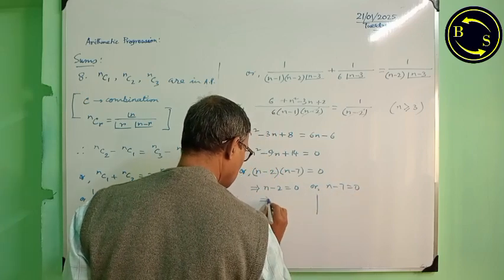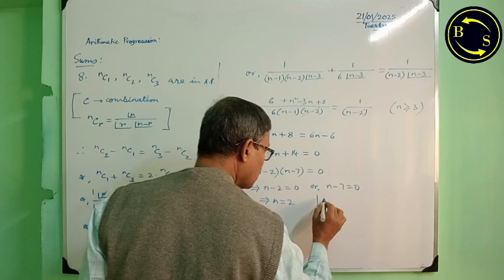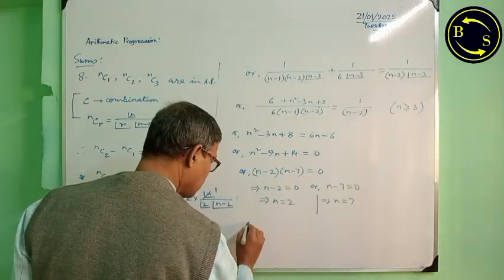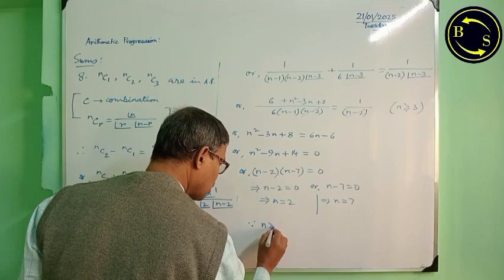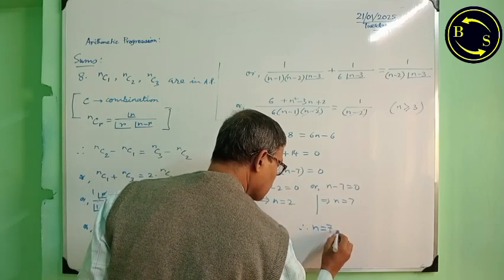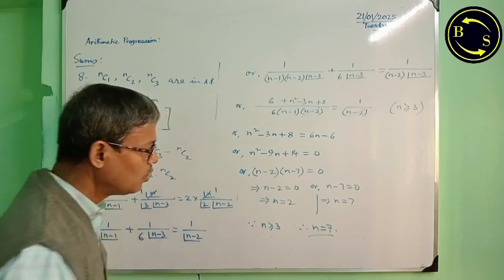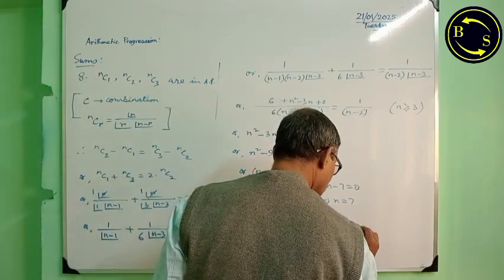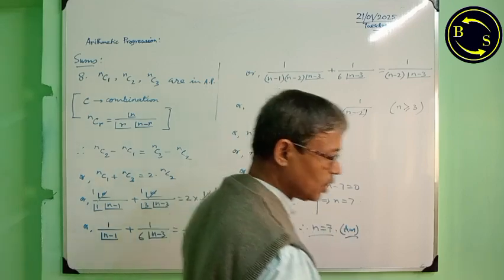From this, n equal to 2, and from this, n equal to 7. Already we have mentioned n is greater than or equal to 3, therefore n equal to 7. Value of n is 7. Therefore the sum is solved.